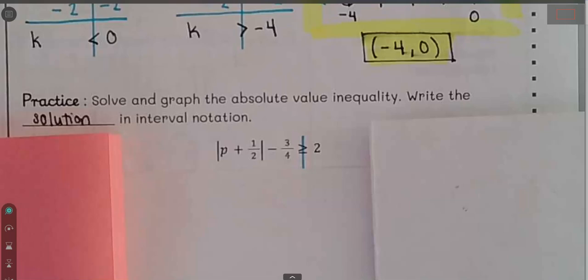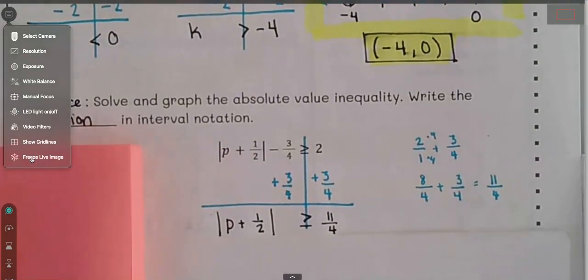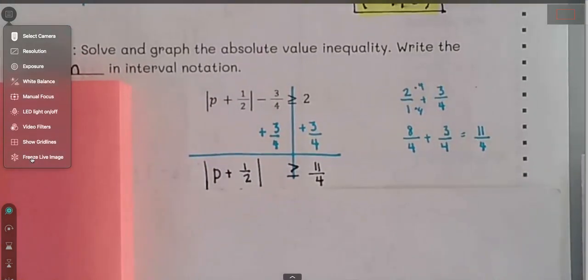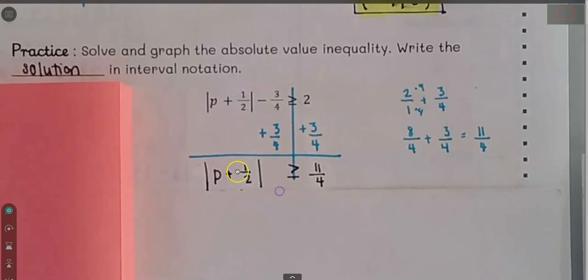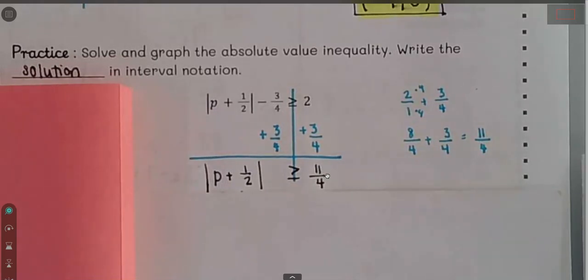All right. So here's what we have so far now. So you add 3 over 4 to both sides. Now we have the absolute value of p plus 1/2 is greater than or equal to 11 over 4. So now we need to split.